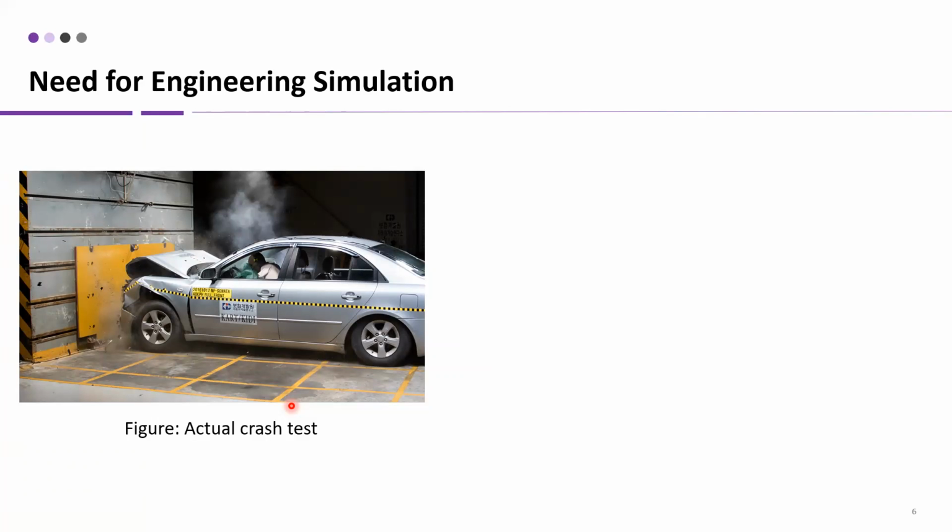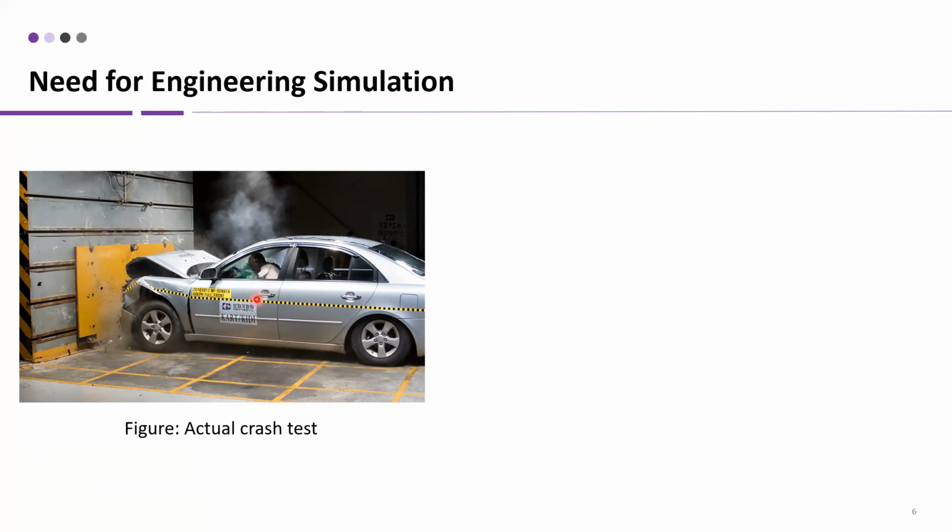One more need is that it saves a lot of cost, reduces the time, and saves effort. So this is an example where, with an actual prototype of a car, we perform a crash test and look at how the car impacts a surface and how it affects the driver. There's a dummy model inside here.